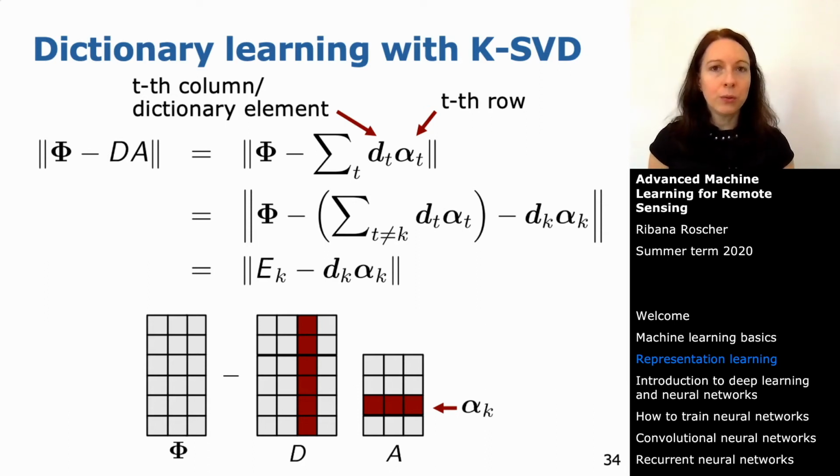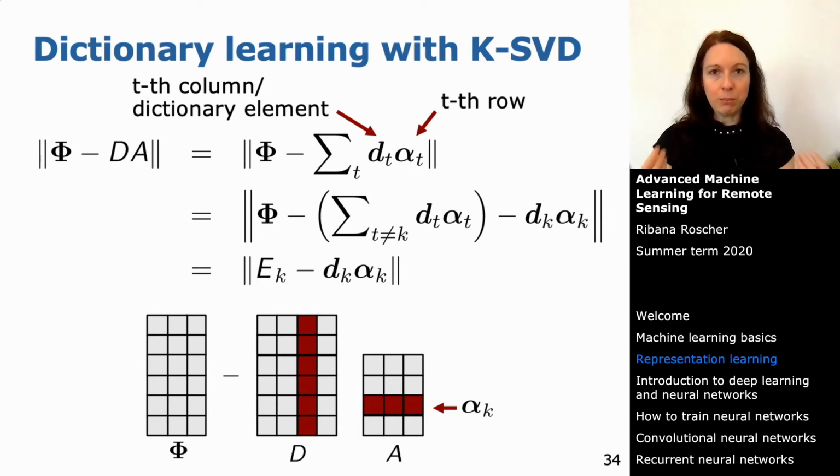So now let's have a look at how K-SVD works. First of all, you rewrite the reconstruction error. The reconstruction error is given by phi minus the current approximation D alpha. And you rewrite the matrix multiplication D alpha into a sum. The sum goes over t elements, so you have t elements in your dictionary. Because we only look at one element at a time, you look at the kth element and you want to update it.